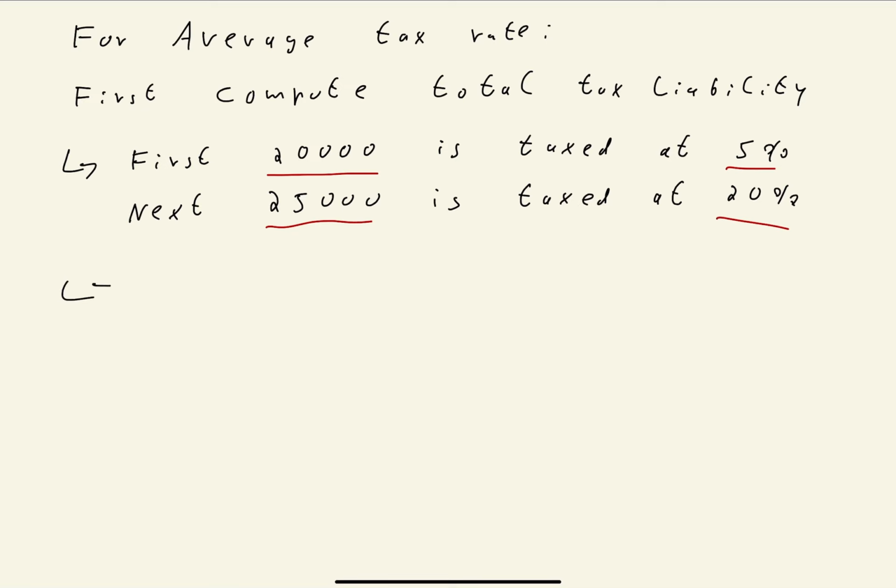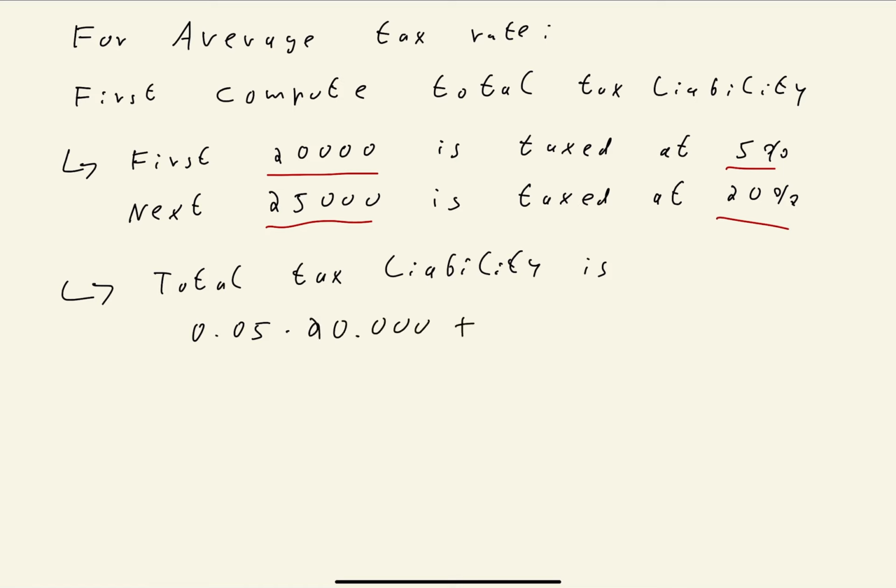So therefore, the total tax liability is the following. It would be 0.05, so this is the 5%, times 20,000 plus 0.2 times 25,000. And this is equal to 6,000.